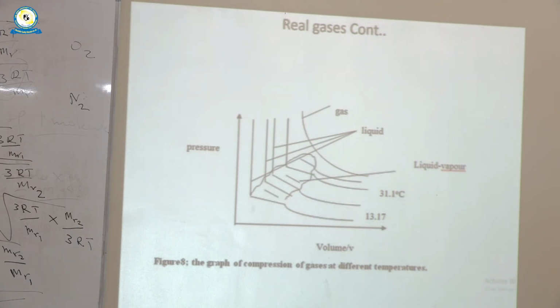But as the temperature was decreasing, as the volume increases, it reaches a time there where it becomes very difficult. Then you see that you increase the pressure, but the volume does not change, as the temperature becomes very low.